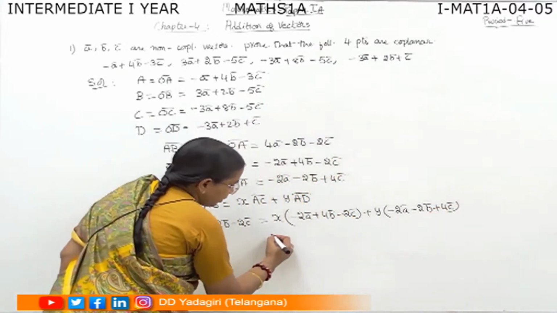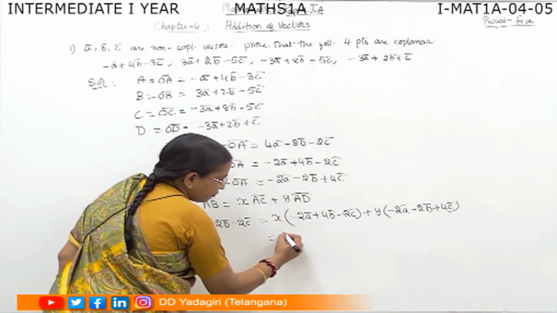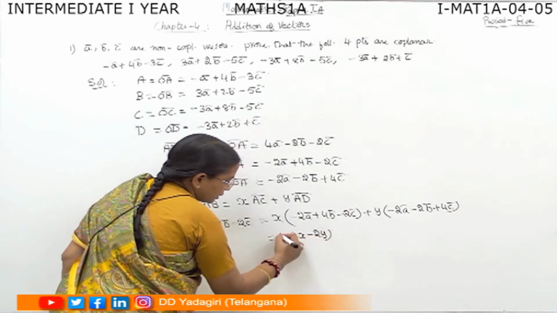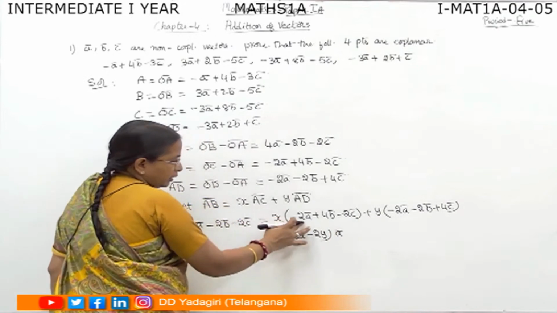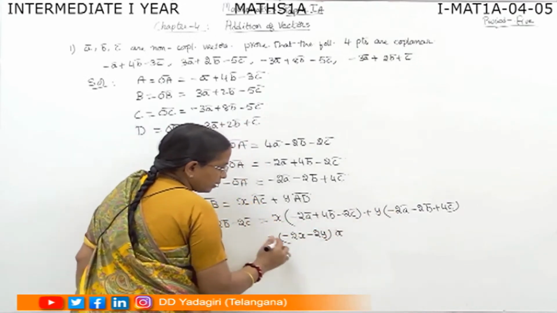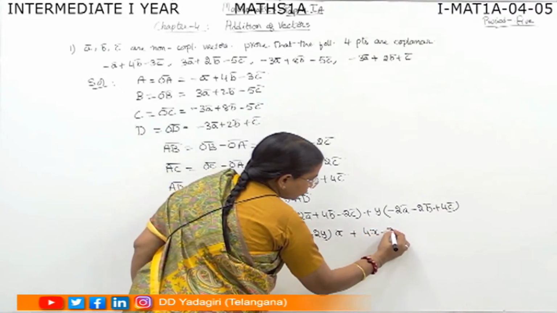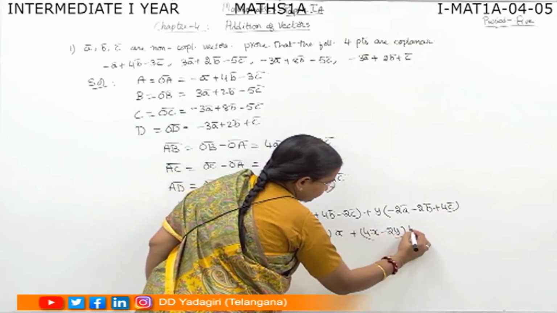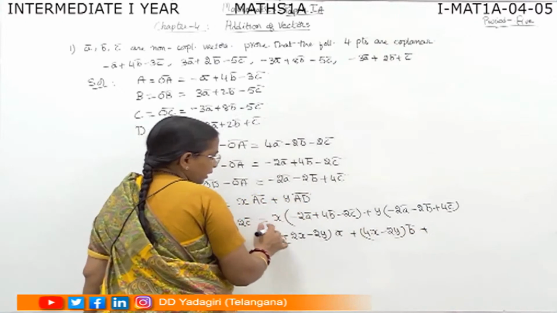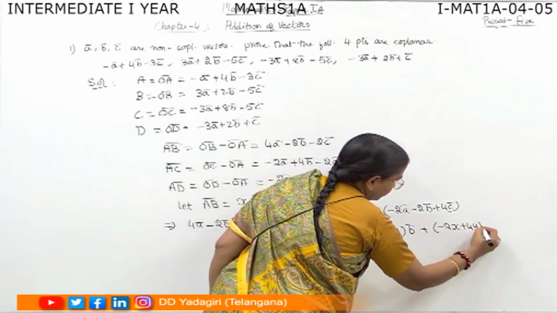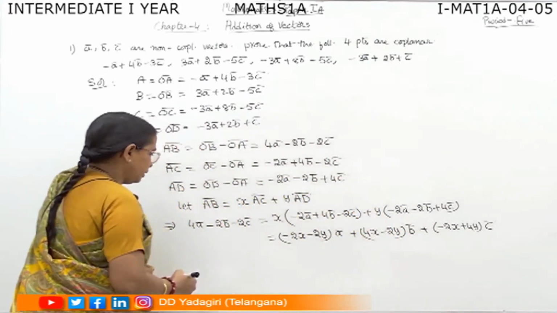Now when you simplify it, the a coefficients are minus 2x minus 2y, into a. Here a and here a combine. Group the terms. Next it is 4x minus 2y into b plus again minus 2x plus 4y into c. So you get like this.